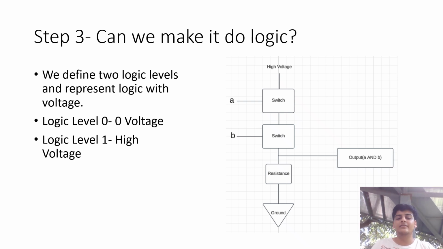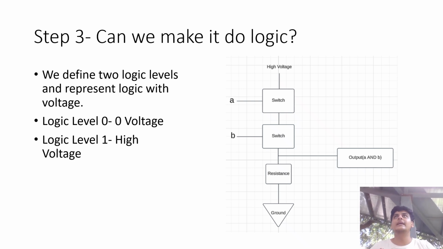So if any one of the inputs is zero, the output is also zero. So we are going to try and make a circuit using switches that is capable of doing that. And as I've told you in the previous slide, the logic level 0 corresponds to 0 voltage or low voltage, and the logic level 1 corresponds to high voltage.